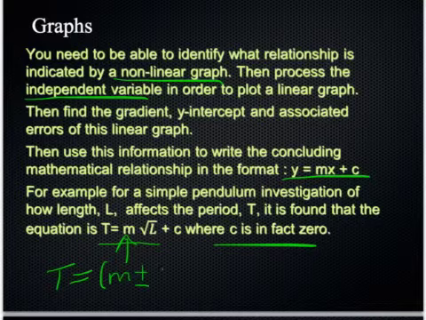You'd have some value here, we'll just call it delta m, the error in the gradient m, times the square root of L. And there'd be no intercept essentially, because for a simple pendulum that is in fact 0. Now, where does that little error delta m come from? Well, just reminding you, it comes from the difference in the best fit line gradient and the error line gradient.